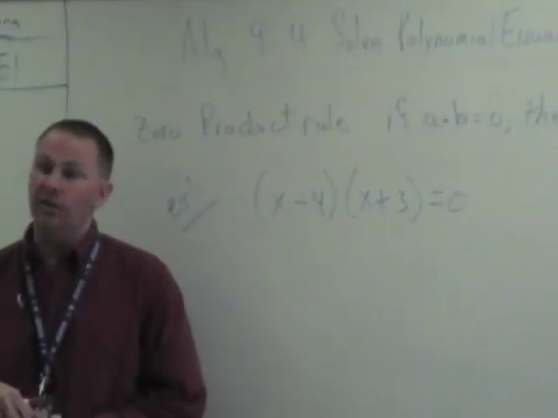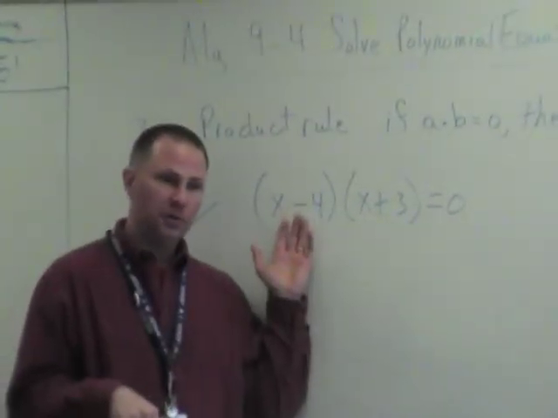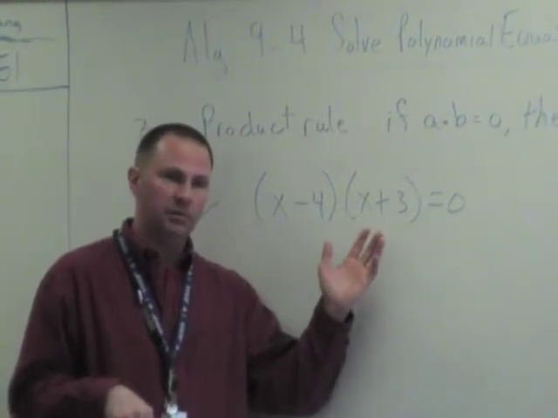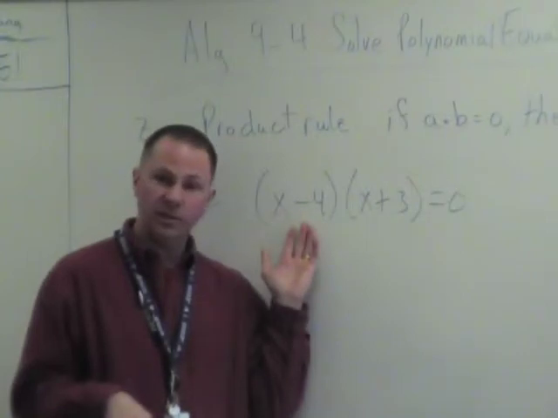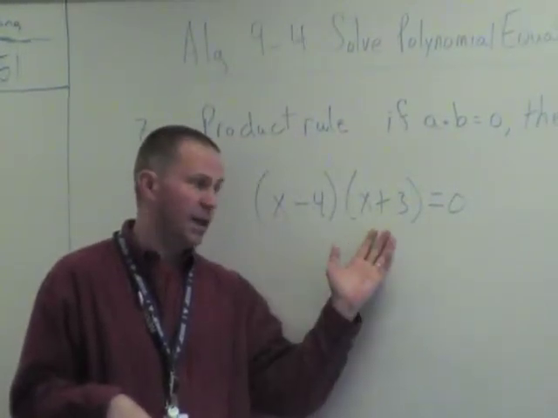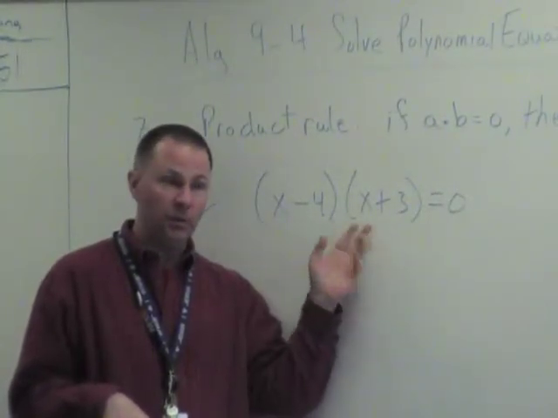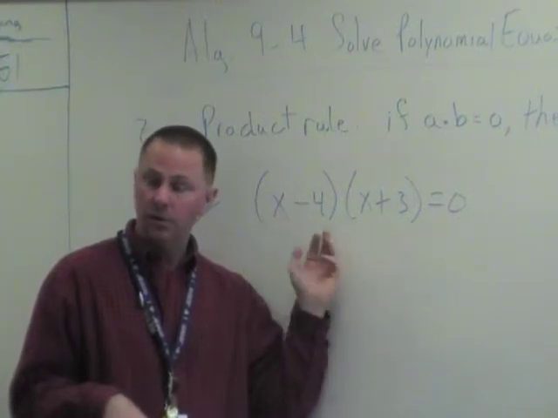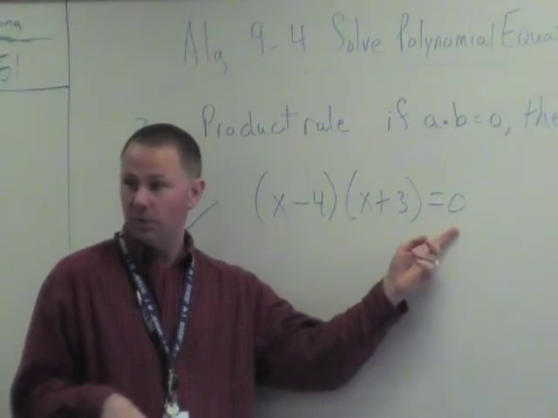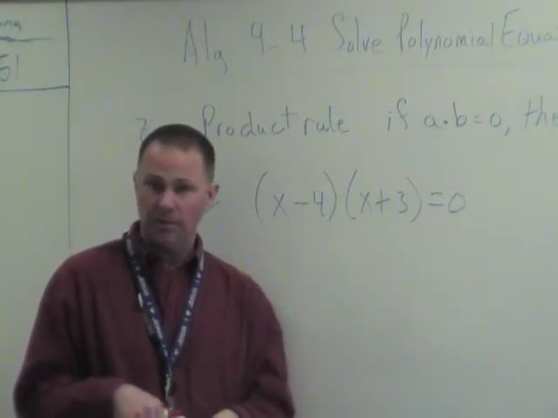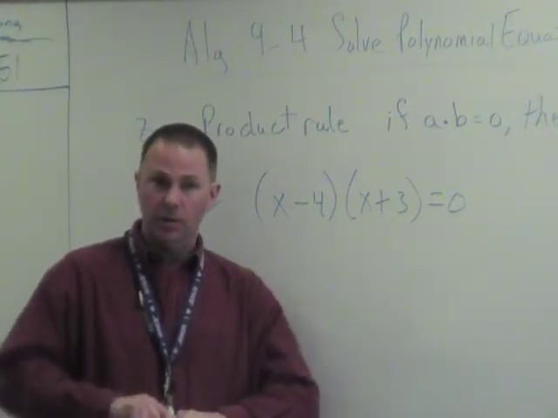So there's two things here, x minus 4 and x plus 3, because there's two sets of parentheses. So either this is 0 or that's 0. If neither parentheses equals 0, then it can't be equal to 0. You all understand that? They could both be 0. Yeah, they both could be 0.